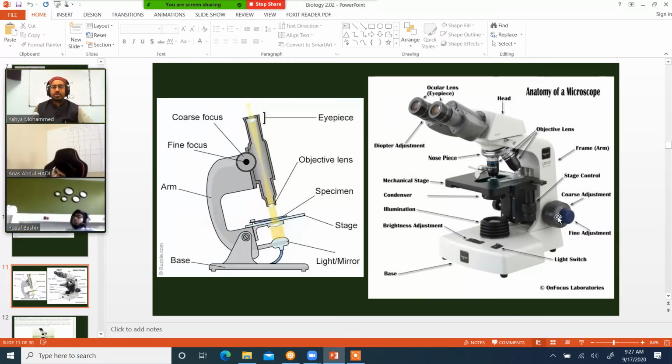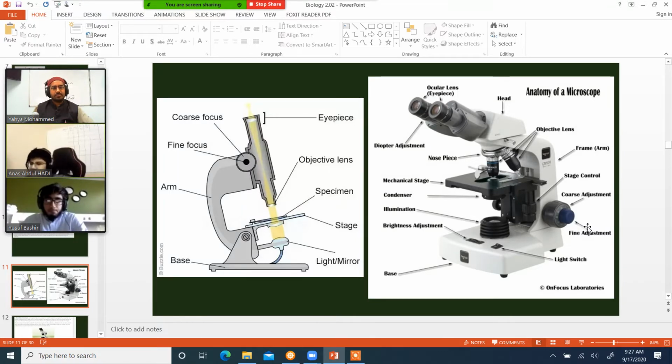Now over here you have something called coarse adjustment and fine adjustment. Fariha, what do you think is the difference? What do you think that's for? No idea. Yusuf, you can take a guess. To adjust what angle?